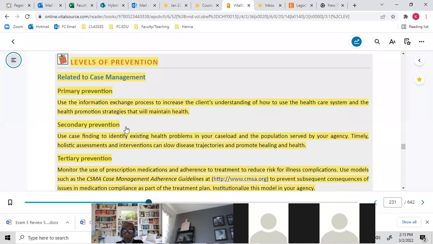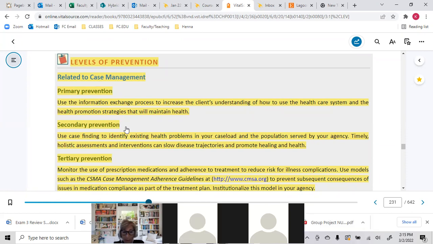Does that make sense? So by teaching them about the information exchange process that is available to them, we're trying to increase their understanding of how to use the system to promote health promotion strategies so that they can maintain their health.